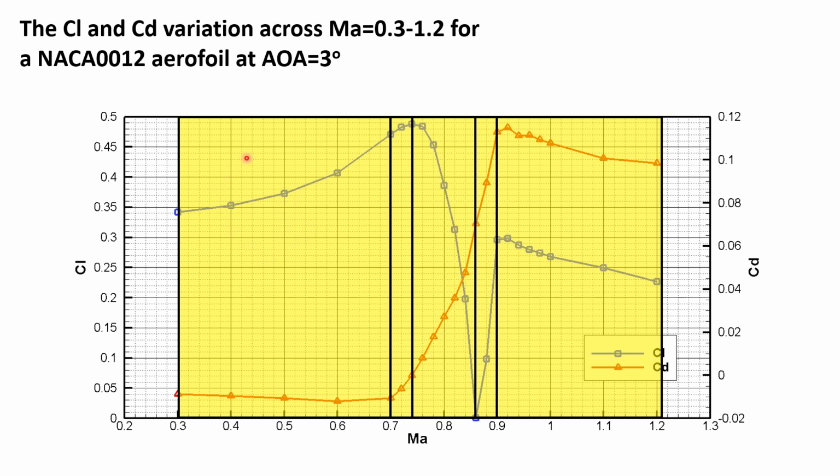Region 1 is between Mach number 0.3 and 0.7, region 2 is 0.7 to 0.74, region 3 is 0.74 to 0.86, region 4 is from 0.86 to 0.9, and the rest is region 5, larger than 0.9. Okay, so let's see the reasons in the different regions. Now let's start looking at region 1.